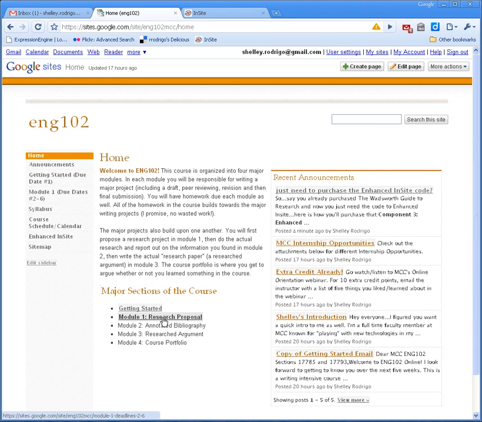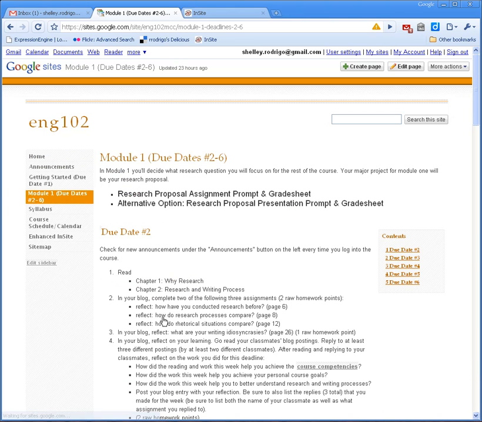So Module 1 here, and yes, I'm still building, so it's very messy. In Module 1, all this homework and all these due dates over here on the right are helping you produce this research proposal. You're going to narrow a research question, think about how and why you're invested in it, and all that kind of good stuff.